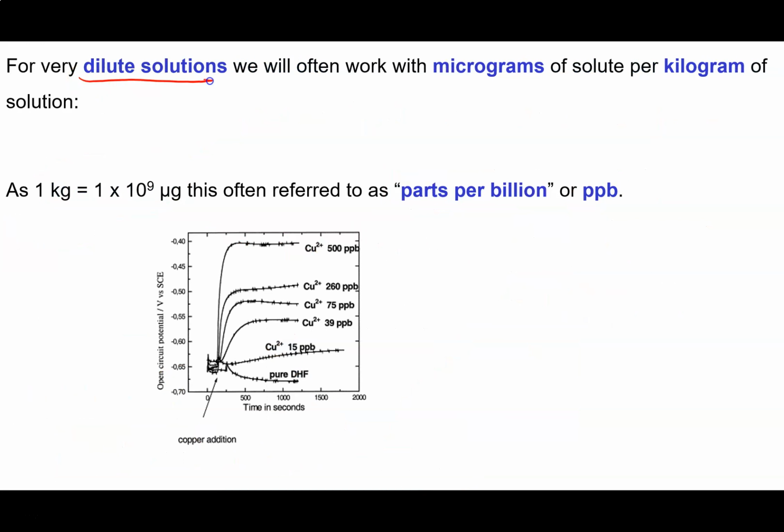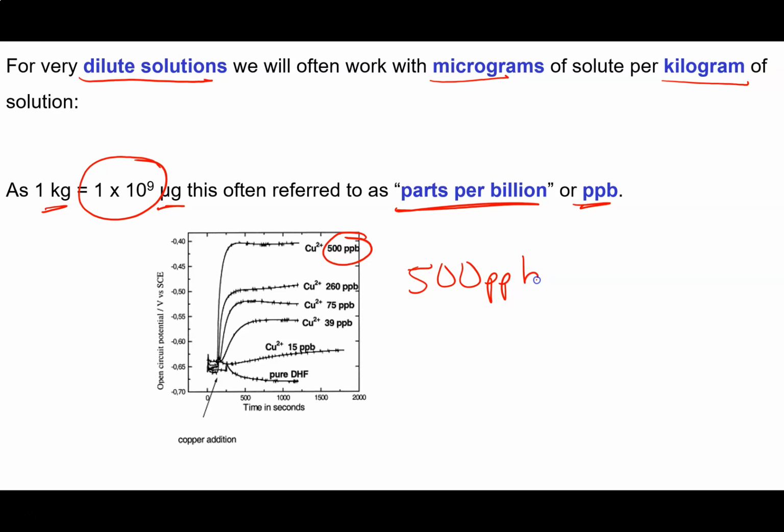If you've got a really dilute solution, then sometimes we'll work in micrograms of solute per kilogram of solution. Because there are 1 billion micrograms in a kilogram, we'll call this parts per billion, or ppb. So when I read this and it says 500 ppb copper 2+, what does that mean?